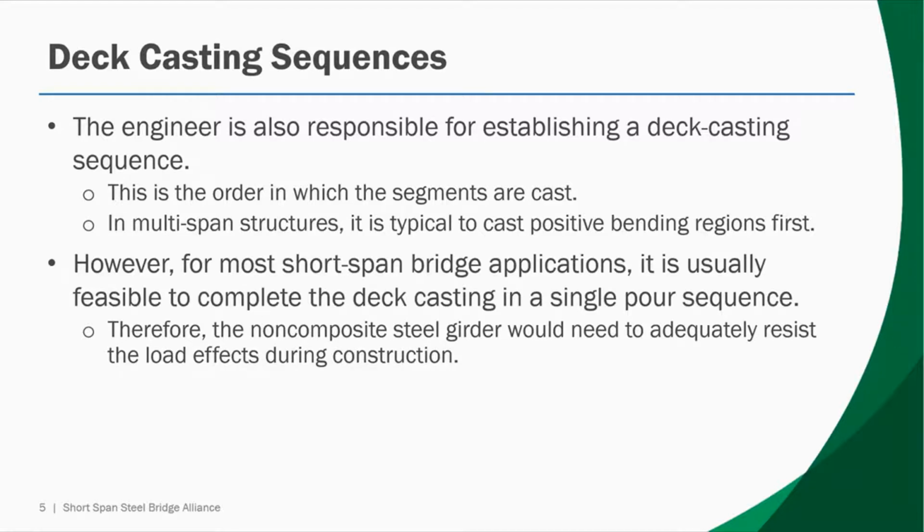However, for most short span bridge applications, it's usually feasible to complete the deck casting in a single pour sequence. Therefore, from a designer's perspective, the non-composite steel girder would need to be strong enough to adequately resist the load effects of the wet concrete and all of the construction appurtenances during that stage of construction.